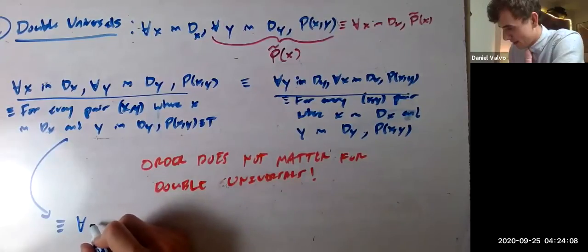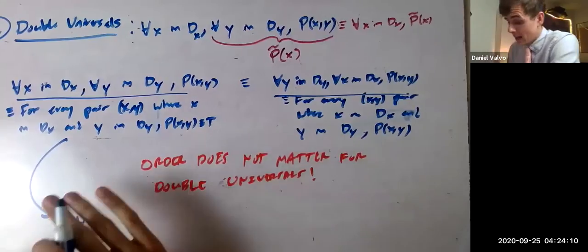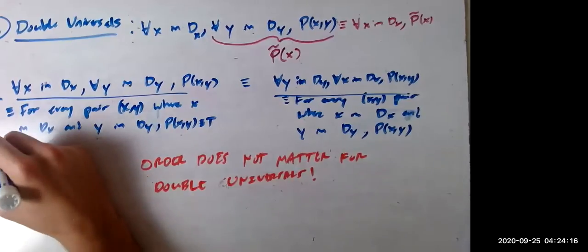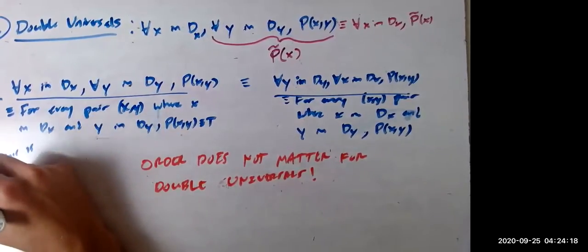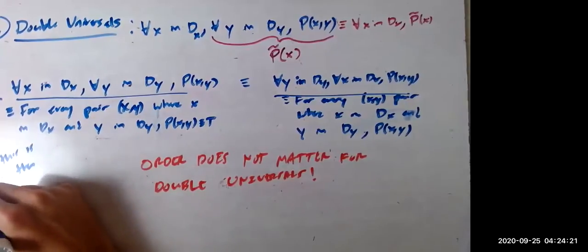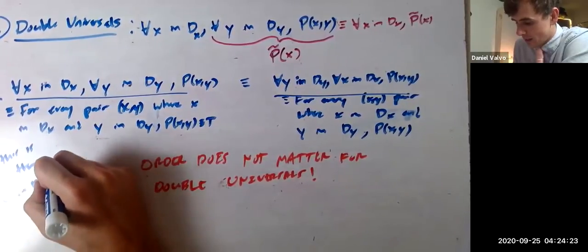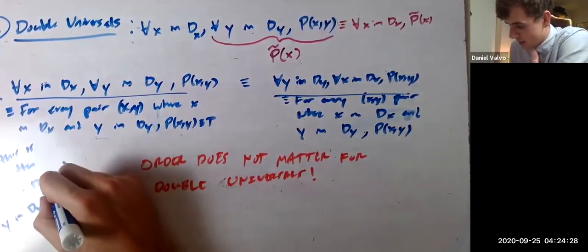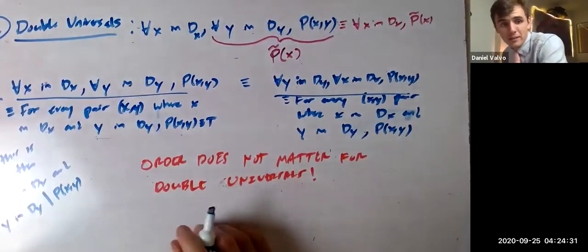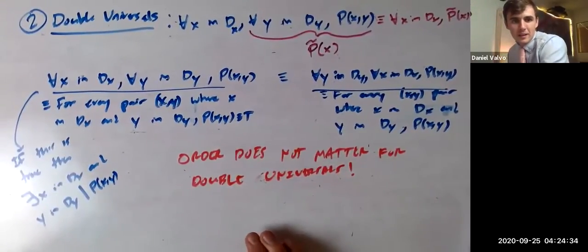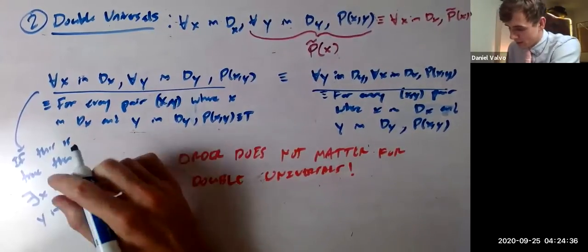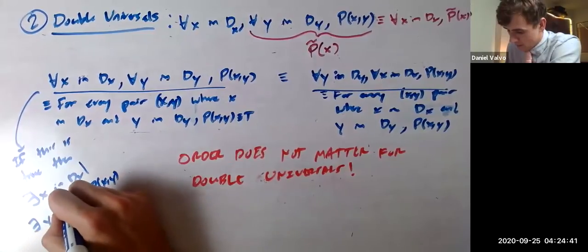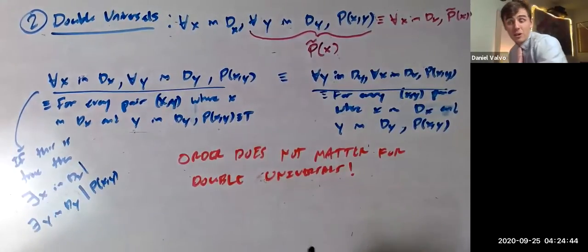Yeah, so if this is true, then there would exist an x in D_x and y in D_y such that P of x, y.